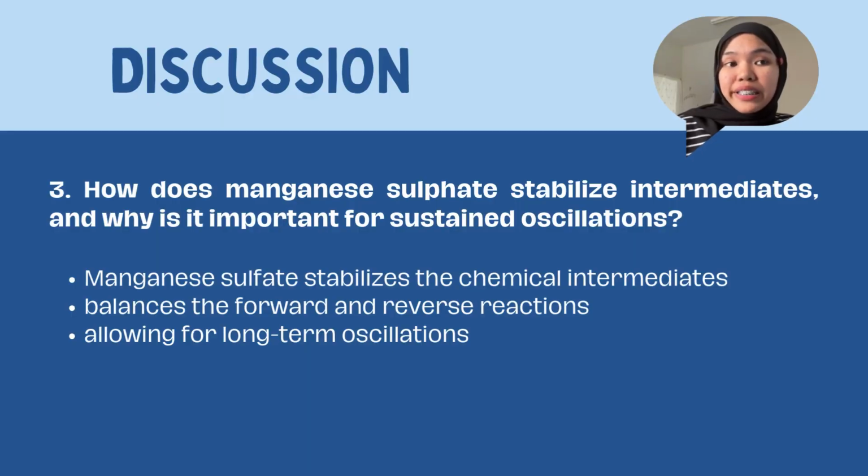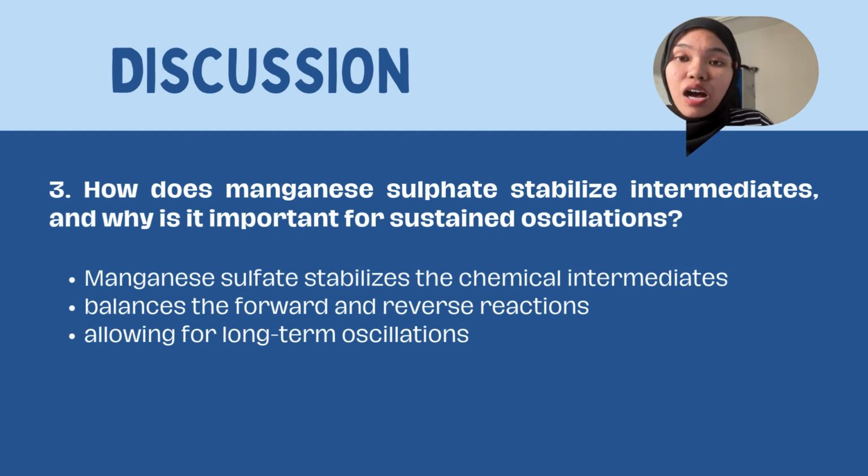For question number 3, how does manganese sulfate stabilize the intermediates and why is it important for sustained oscillations? Manganese sulfate acts as a catalyst that stabilizes reaction intermediates by lowering the activation energy of certain steps in the reactions.